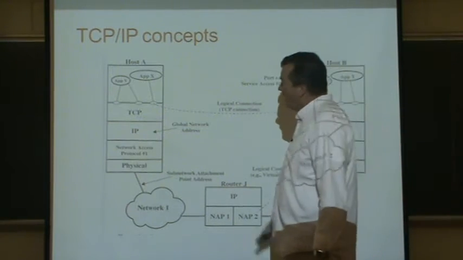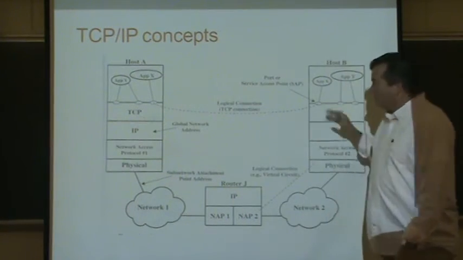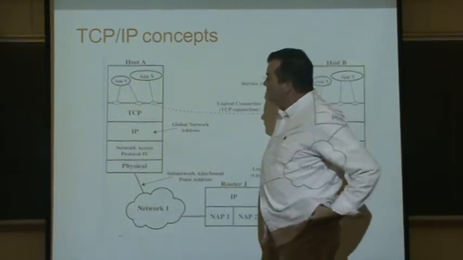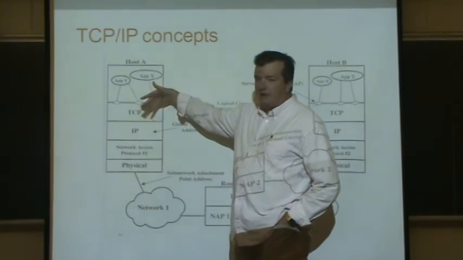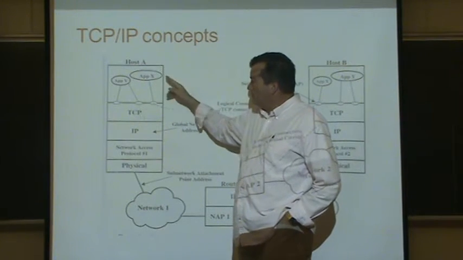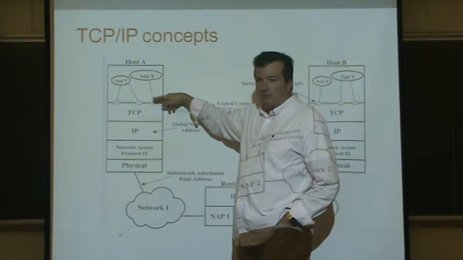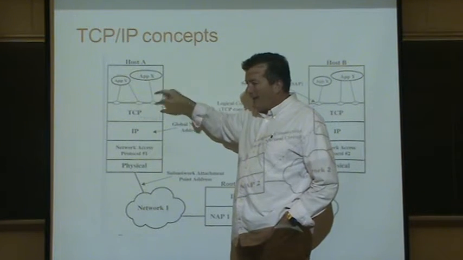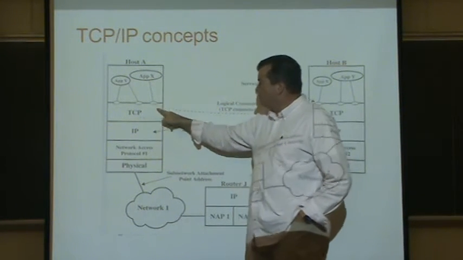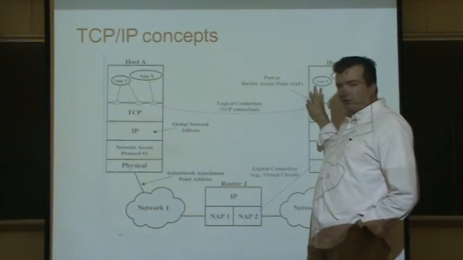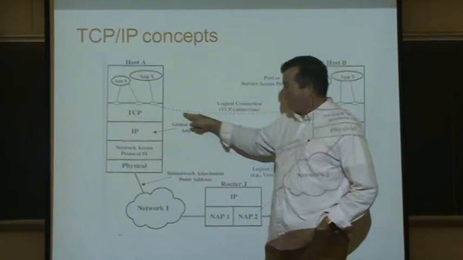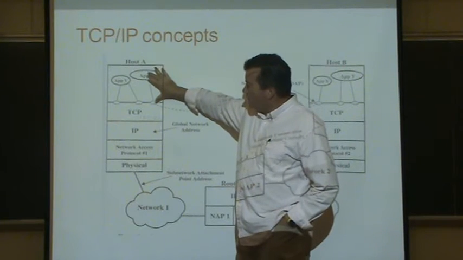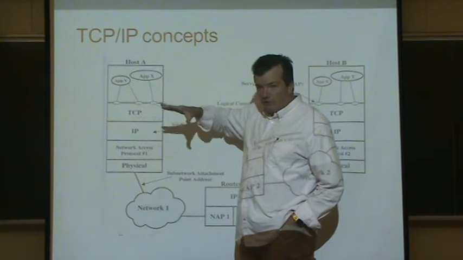Okay. So the connection between your application and, let's say, here's Facebook, is you need to bring up an application, let's say application X, this could be Chrome. You need to build a message, and your goal is to send it from your application to Facebook's application, the web server that's going to send a message back to you. Well, in order to do that, you're going to build a message within Chrome.